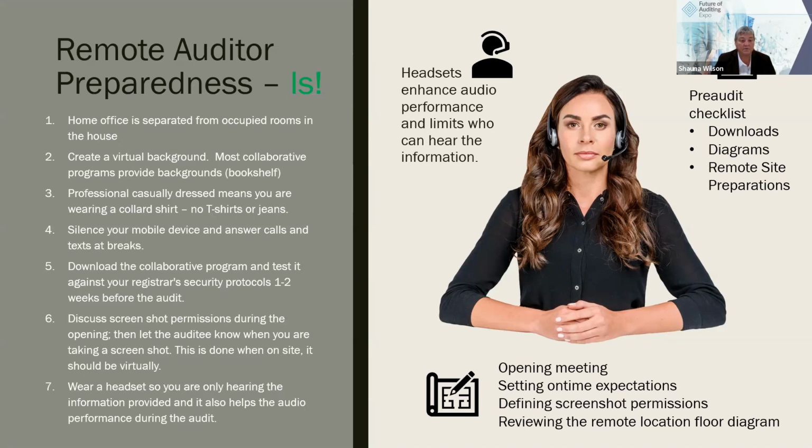Always dress professionally for your audits and ensure that nobody else can hear the information that's being said other than you, if you're working from home and you cannot isolate yourself from your family. Okay, so there we are.